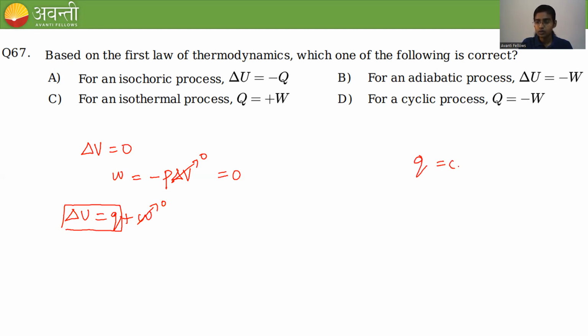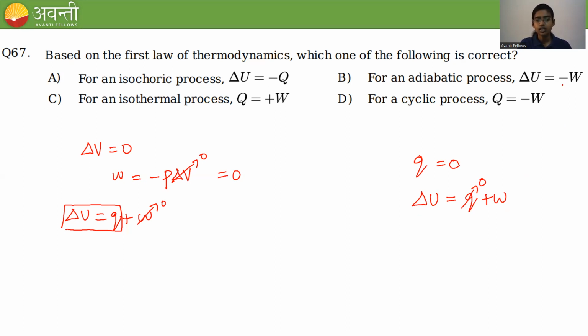In adiabatic, Q is equal to 0. Q is the heat exchange between the system and the surroundings, so Q will be 0 there. From the first law, delta U is equal to Q plus W. If Q goes to 0, delta U is equal to W, right? But it is given as minus W, so it is also incorrect.